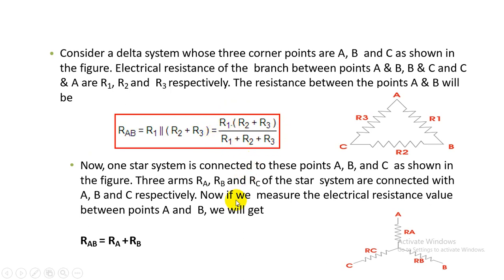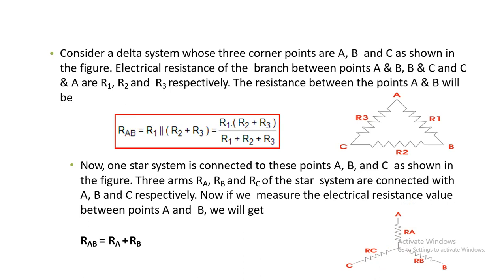After that we apply the same voltage source across the star connection at the same terminals we considered for the delta, A terminal and B terminal. Because there is no connection to the C terminal, no current flows through the C terminal. That's why the entire current entering the star connection through the A terminal flows through RA and RB only.